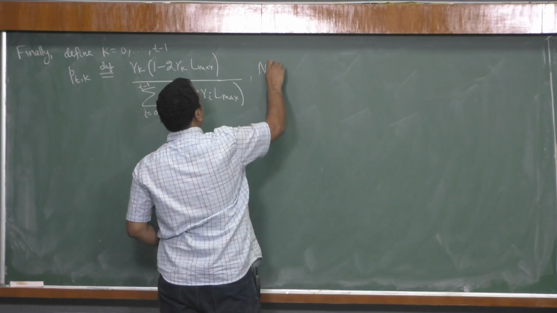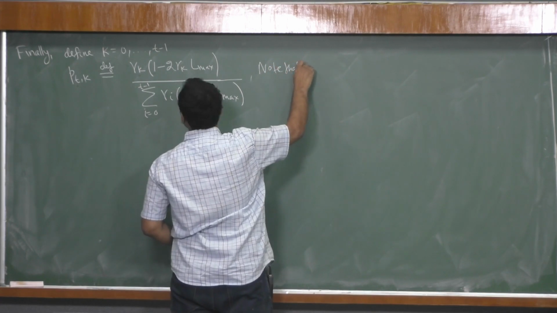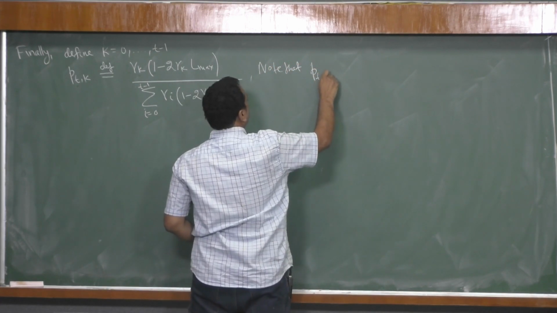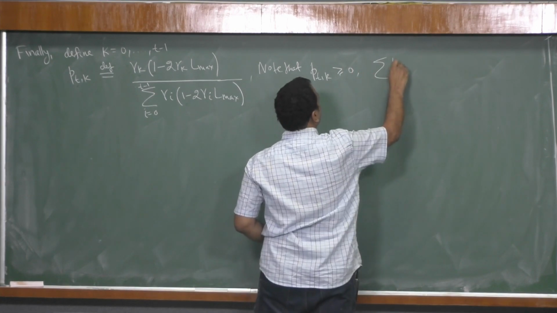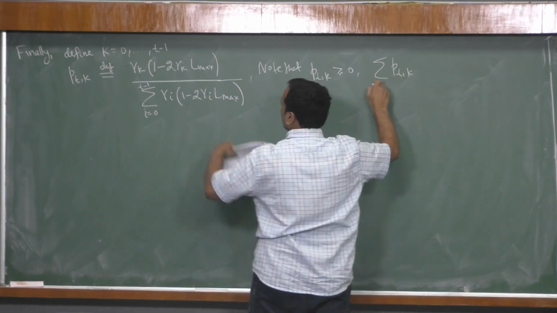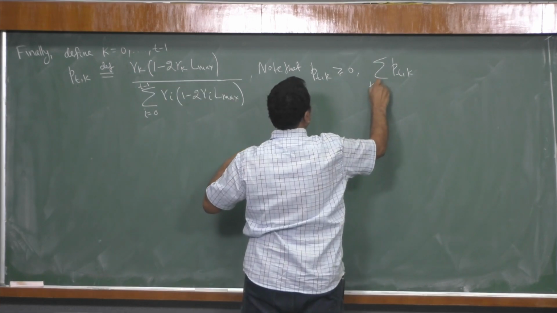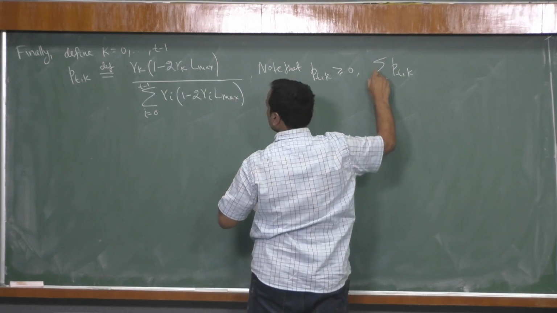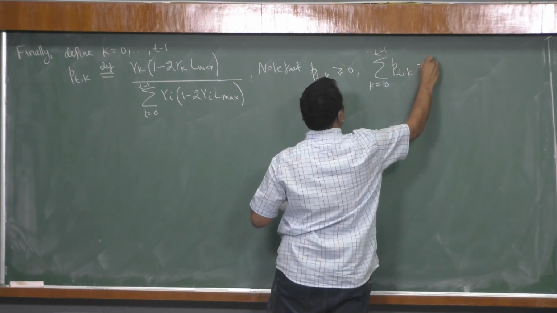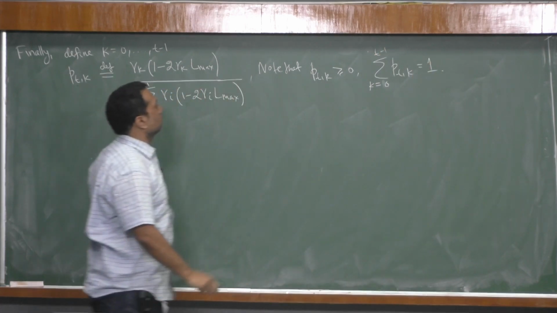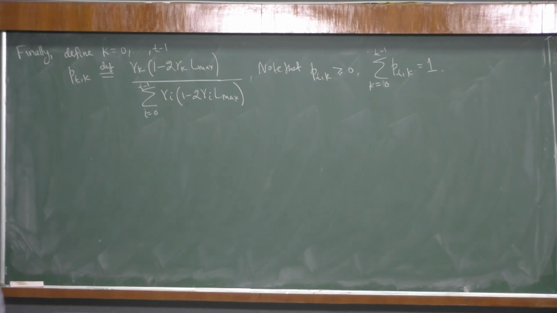Here it says that note that p t k are greater than or equal to 0, and the sum of p t k for k equals 0 to t minus 1 is indeed 1. So this is exactly the criteria you need for a vector to be a distribution, right?